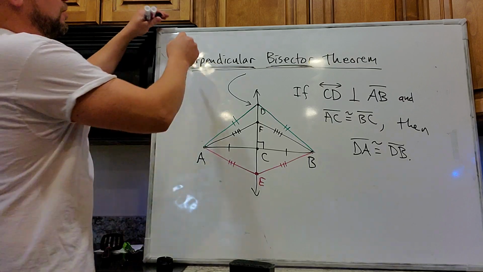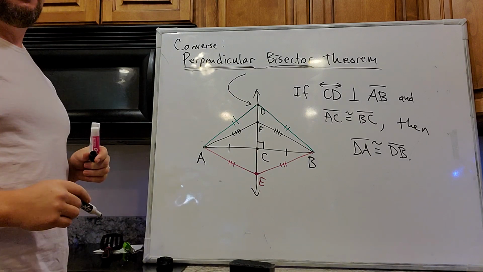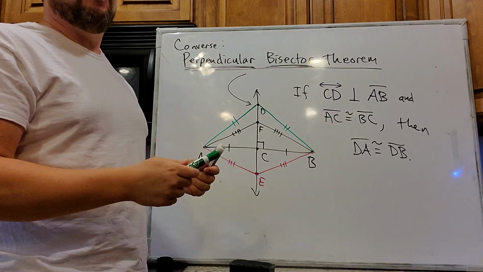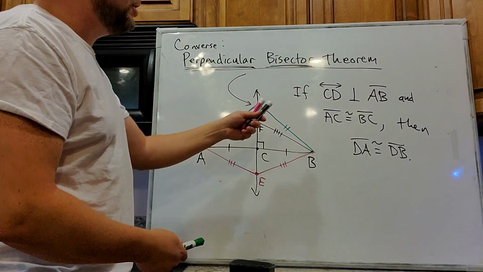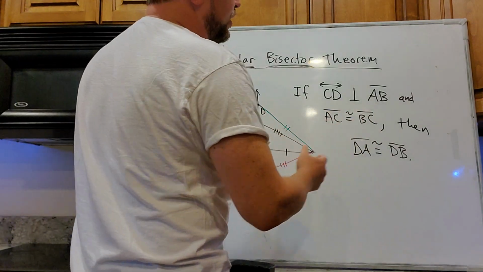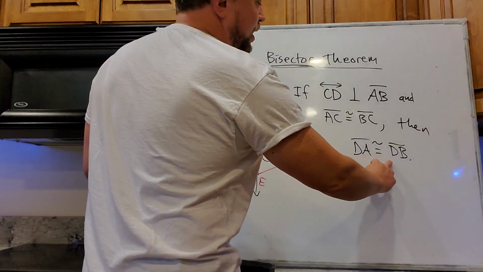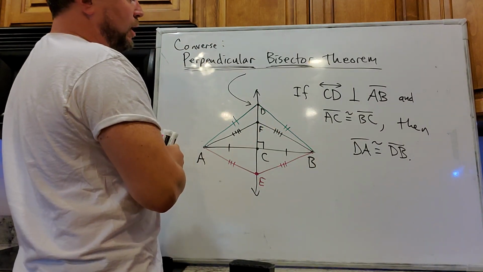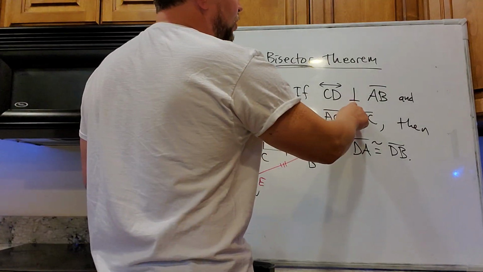Okay, now when we take a look at the converse of the perpendicular bisector theorem, we're going to be doing some switching. Remember, a converse takes a statement and switches the hypothesis and conclusion. The if and the then get switched. So we're going to say that if DA and DB are in fact congruent, and they're already on that line, but we're going to keep the perpendicular part.